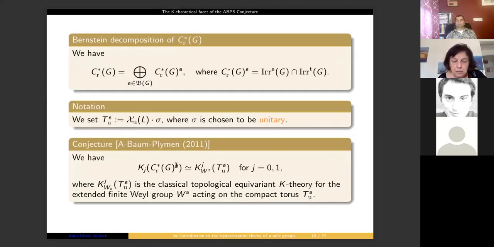And another interesting case, I guess it would be nice to be able to understand the link between this and the Bernstein decomposition, and the description up to Morita equivalence that we have of this block of a C-star algebra that we have seen yesterday, but it was not exactly the same block.